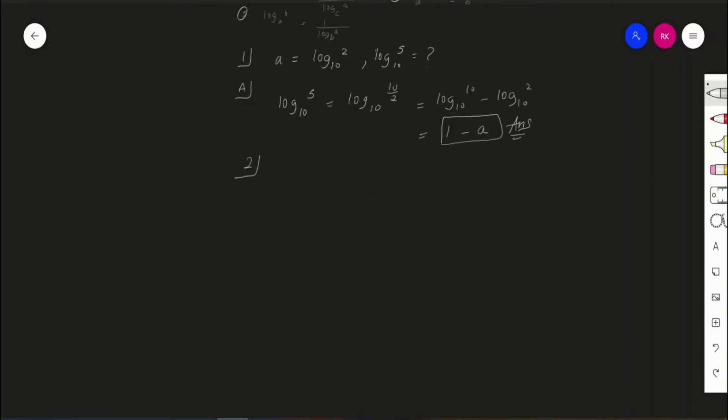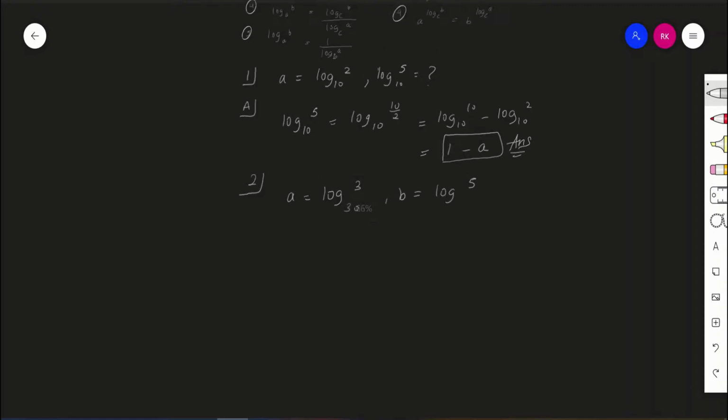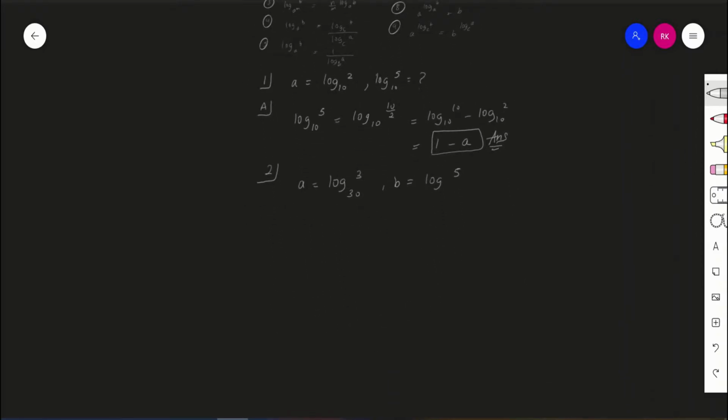If a is equal to log 3 base 30 and b is equal to log 5 base 30, then find log of 8 base 30.